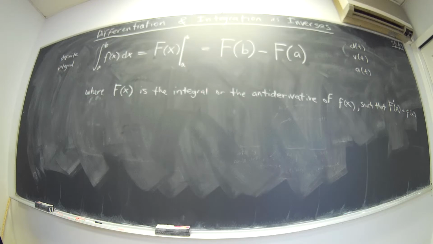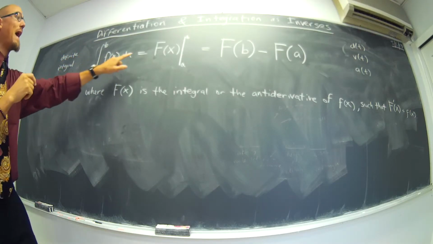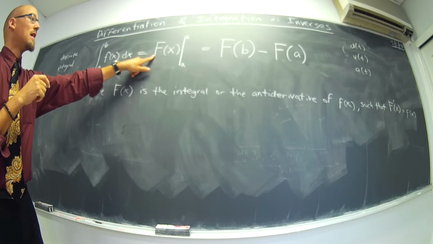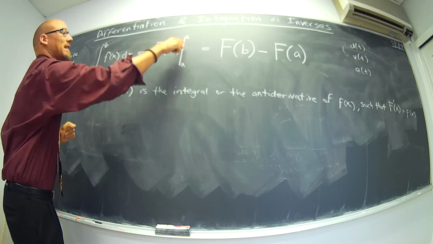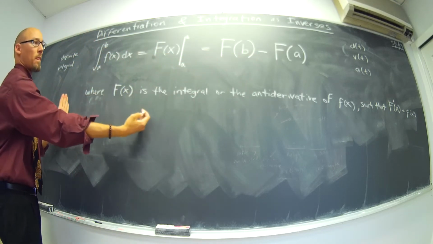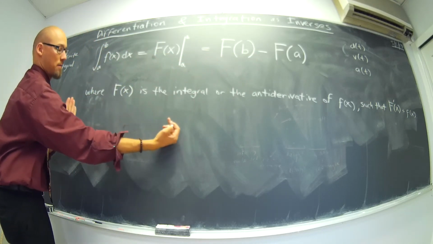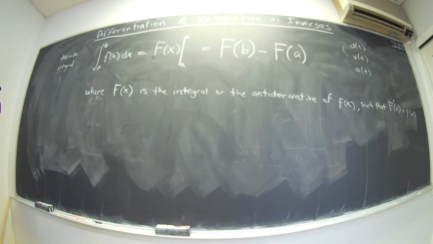So we did the integral of this and got capital F, which is the antiderivative, but we have to evaluate it at its endpoints and subtract them. The integral at the end minus the integral at the beginning gives us the answer to that.